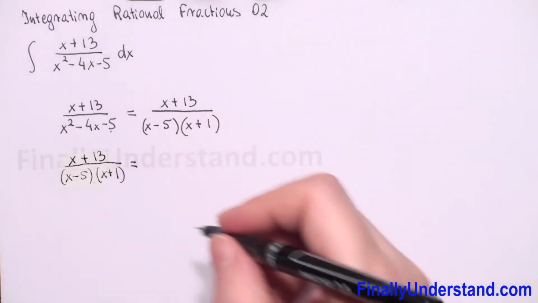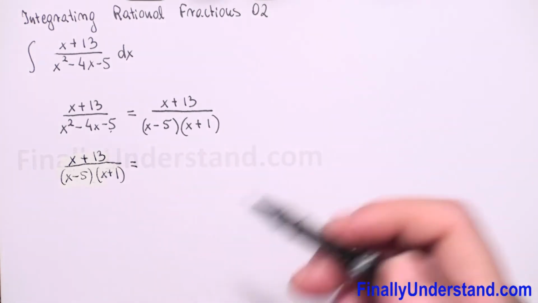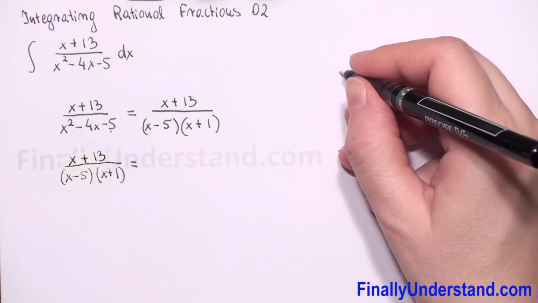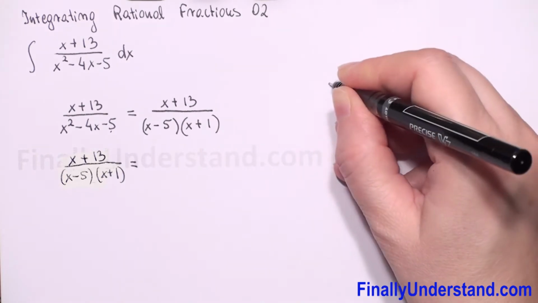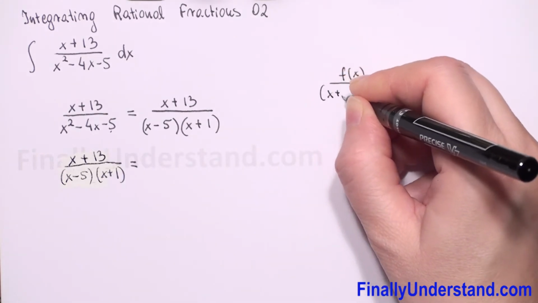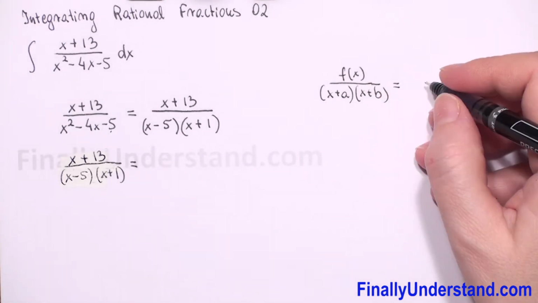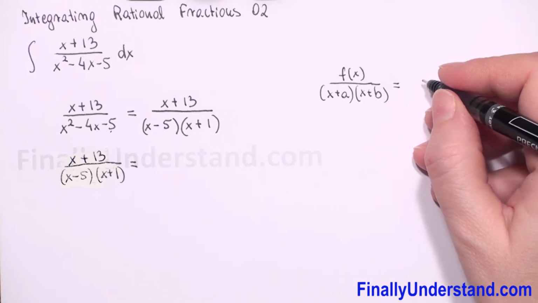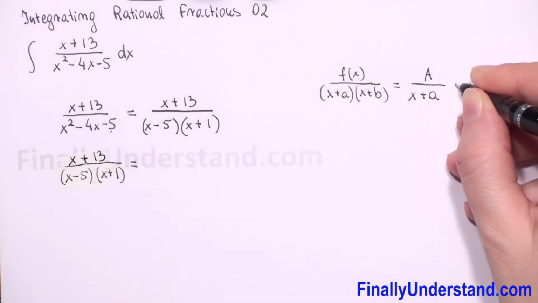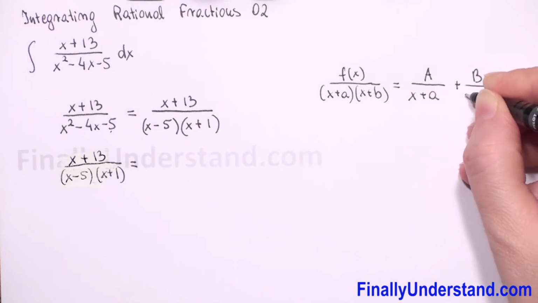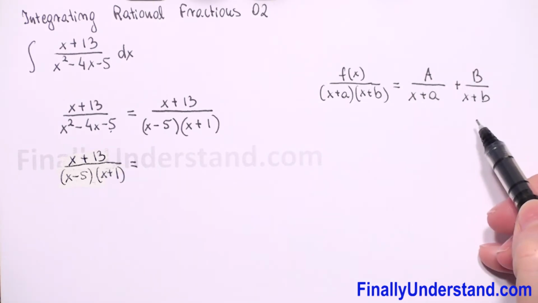When we have linear factors in the denominator, x plus a times x plus b, we will use the form of partial fractions as A over x plus a plus B over x plus b. A and B are constants.